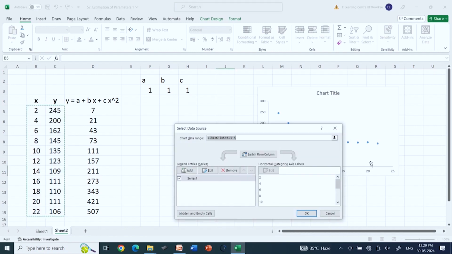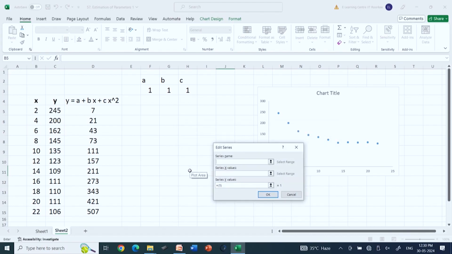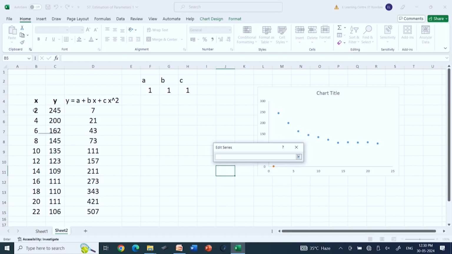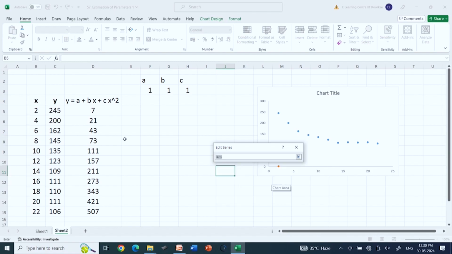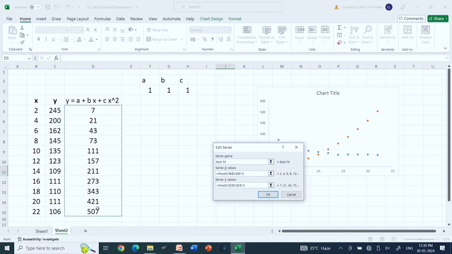In this select data, you click add and you can write this as best fit, then go to the x, select them, enter, go to the Y and select them and enter. So I got something.